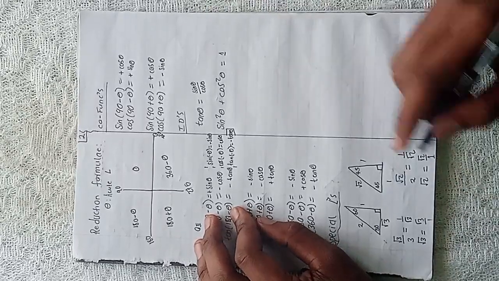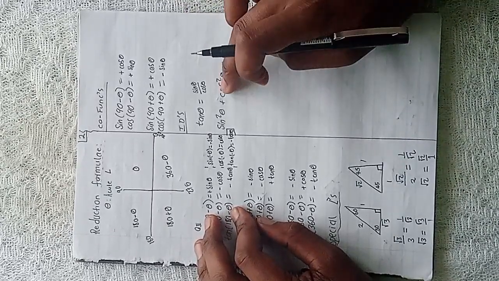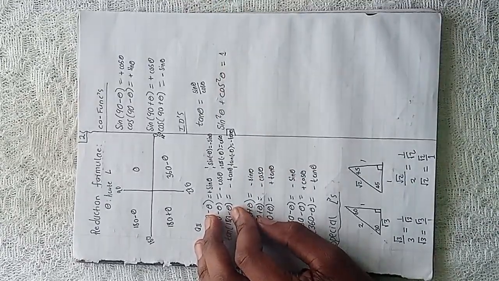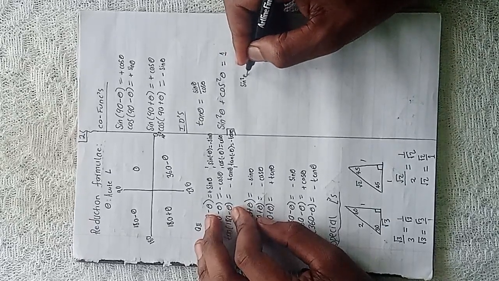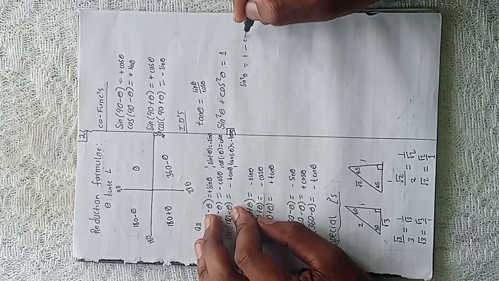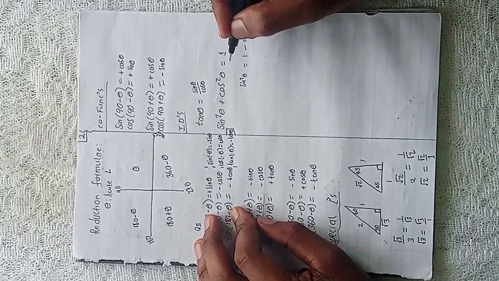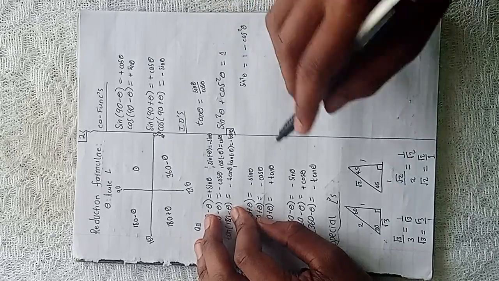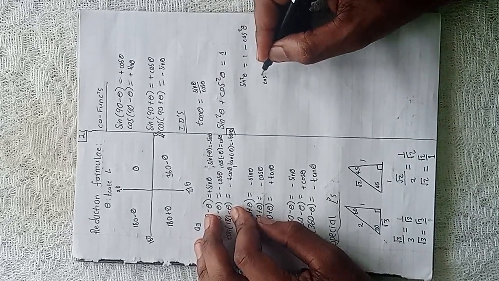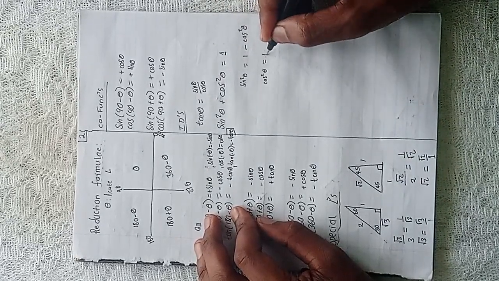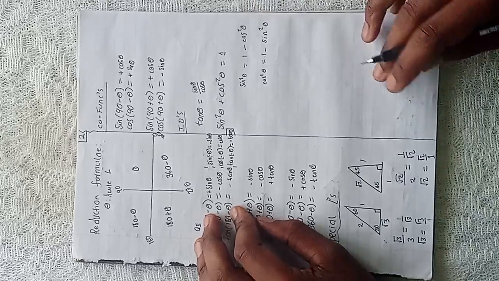You can also take cos squared, transpose it to the right hand side, and you will be left with sine squared theta is equal to 1 minus cos squared theta. Or you take sine squared, transpose it to the right hand side, and you will have cos squared theta is equal to 1 minus sine squared theta.